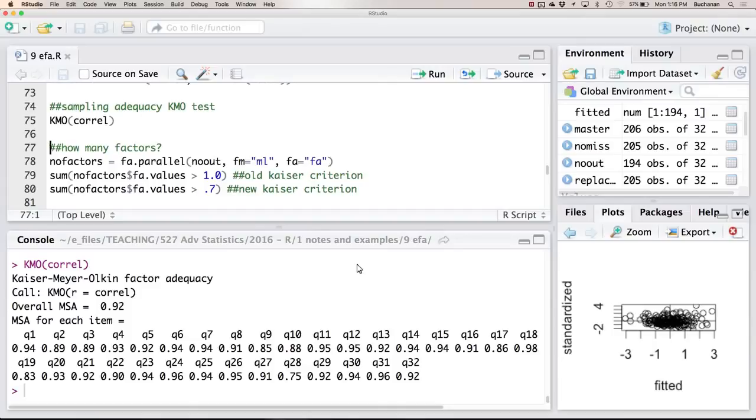Remember, we want values over 0.7; 0.8, 0.9 is really good, so we're doing good. There's only a couple that are kind of low. So question 28 might be kind of bad. If your MSA is really low, you might be able to figure out if it's a couple of the questions that are bad, and just go ahead and toss them. So I have a big enough sample and a good enough correlation.